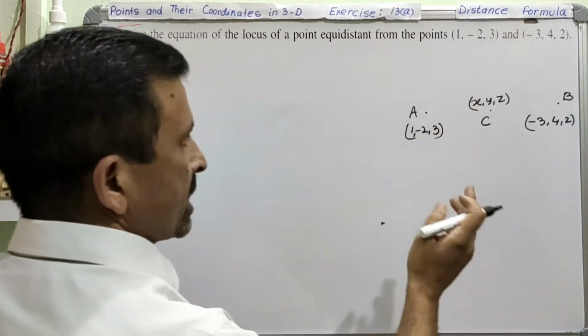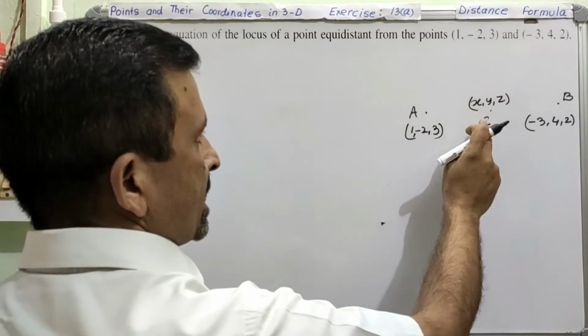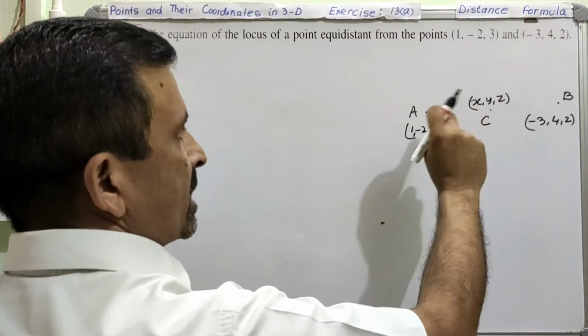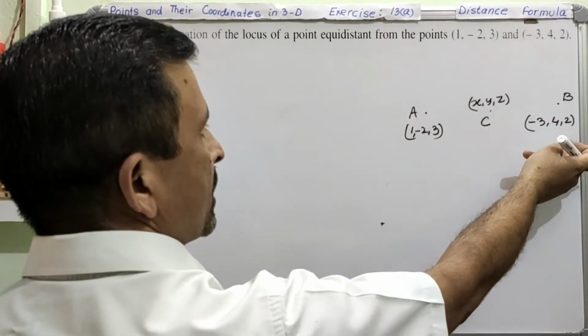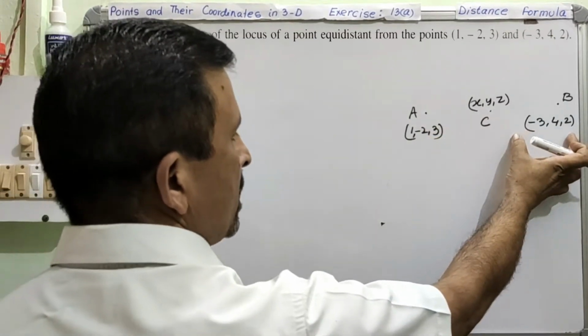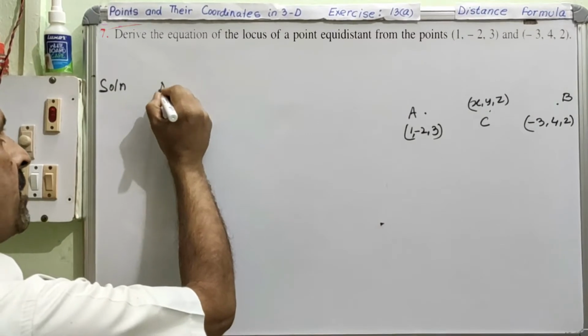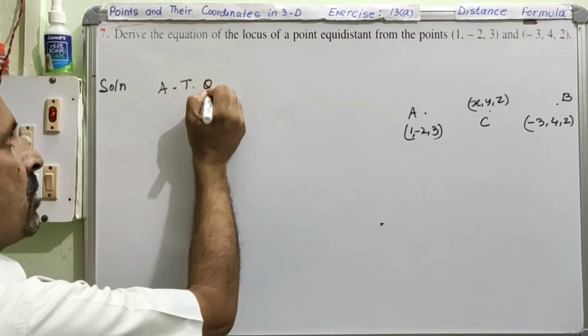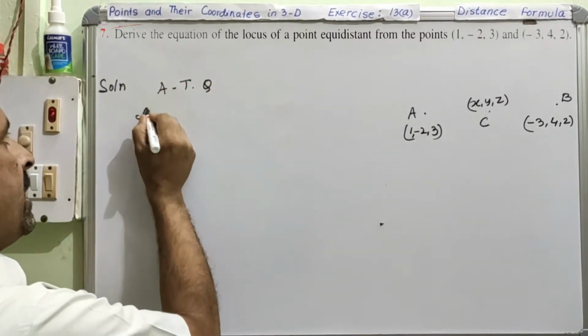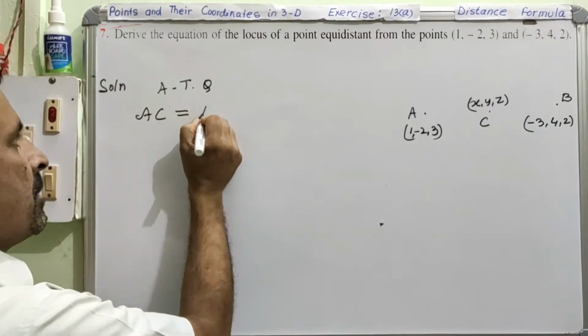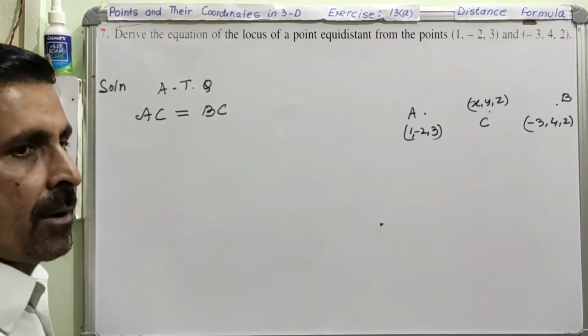So using the distance formula, because it is said that this point is at equal distance from A and from B, that means this distance will be equal to this distance. Am I clear or not? So according to the question, AC is equal to BC. Am I clear or not?